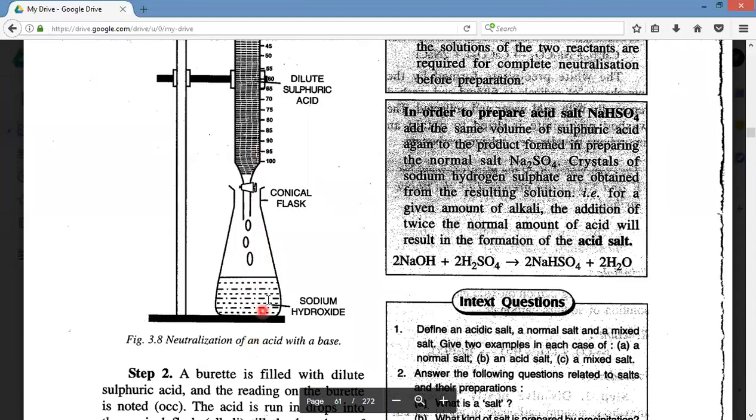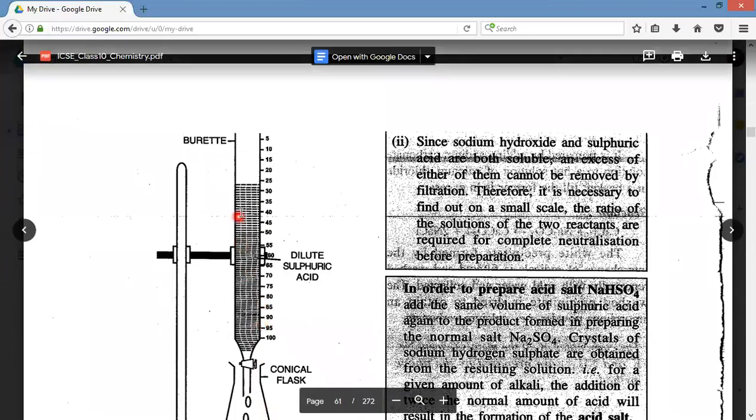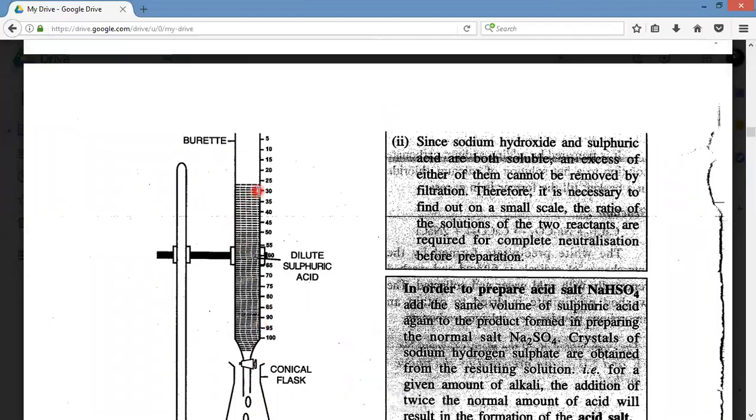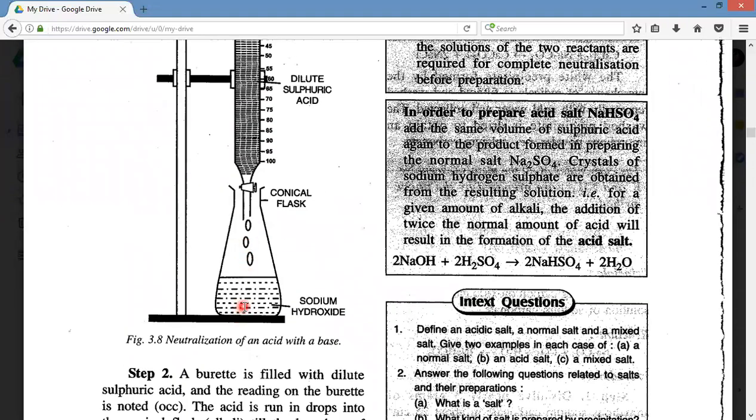When the color of the solution changes, it is the end point. We then check the initial reading and the final reading at which the color changed. The difference between the initial and final reading gives us how much sulfuric acid is used for the required amount of alkali.